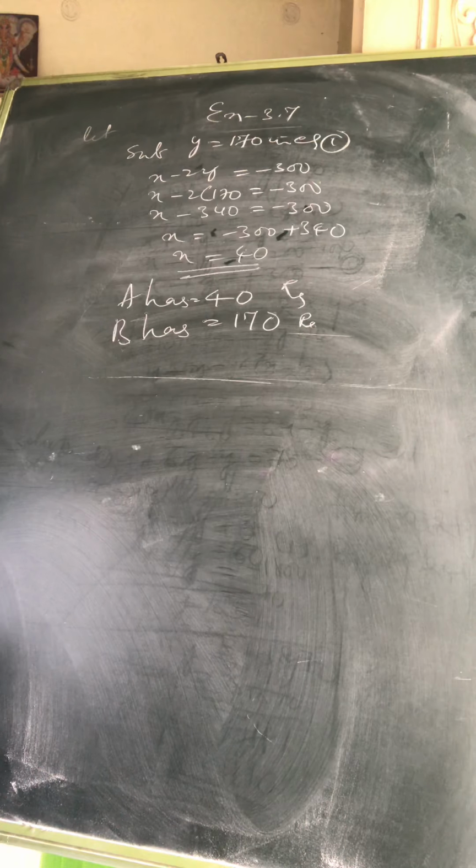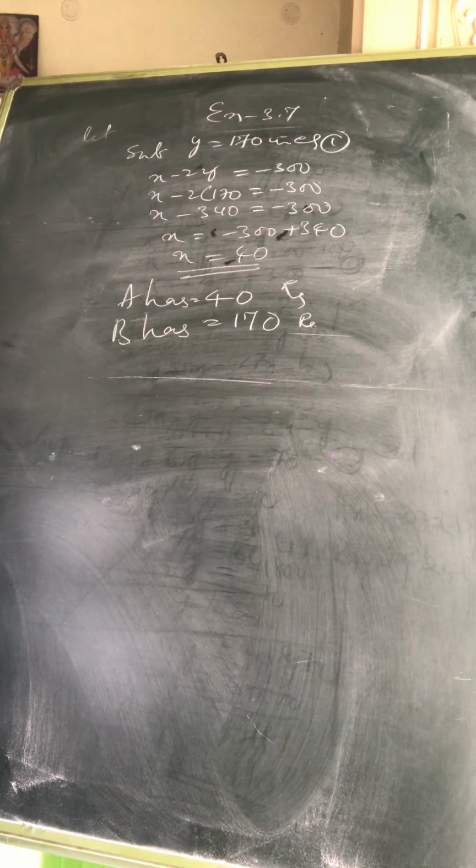Then find the distance. Just orally I am explaining: take the original speed as x and the original time as y. The distance will become x times y. In that way you can take and do it. Okay? If not, I'll explain it tomorrow.